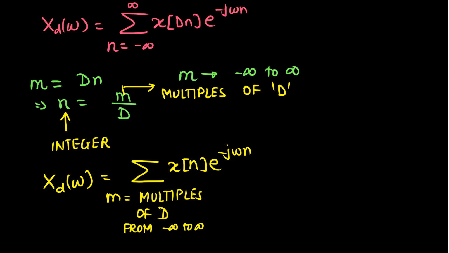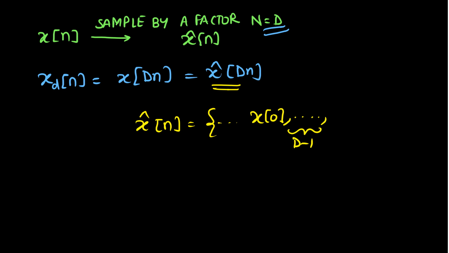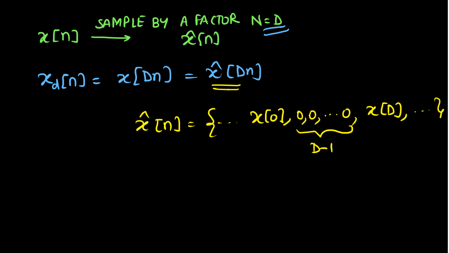Now if we observe our x hat of n, it can be written as x of 0, then we have d minus 1 number of zeros, then we have x of d, and the same thing is repeated.